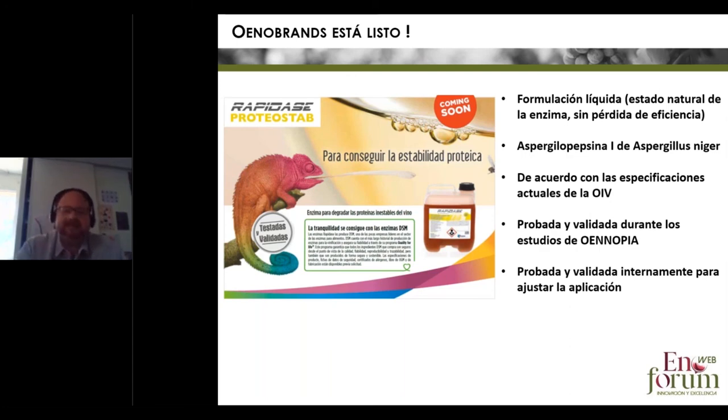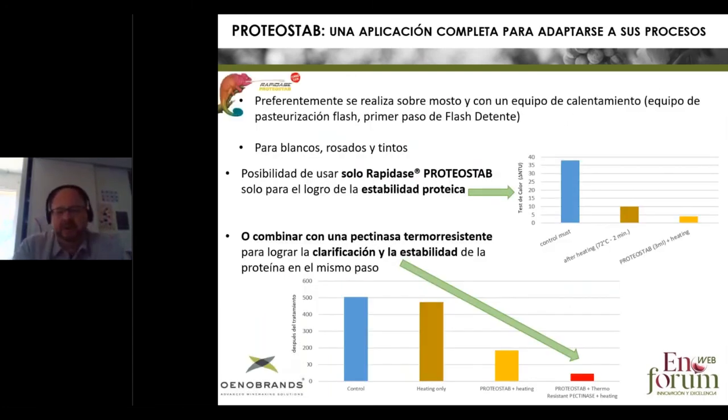Here are some data coming from our trials. We advise using this protease formulation, whose name is Proteostab, on must, using for the heating step a Thermoflash pasteurization equipment, or the first step of a flash détente equipment.